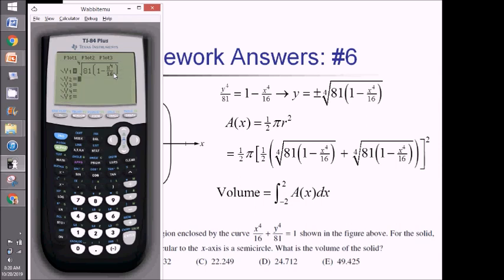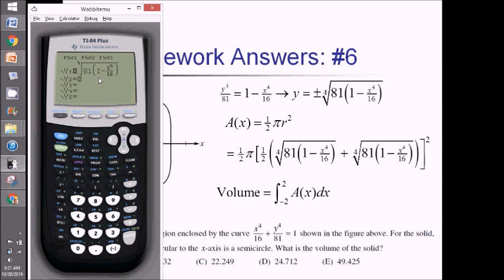All right, now I'm going to start making my area function out of this. So I'm going to be a little bit clever before I start typing stuff in the calculator. If I take this radical and essentially add it to itself, I've got 2 of these radicals. If I then multiply that by 1/2, I've got 1 of these radicals. So when I do this, I'm really just going to do 1/2 pi times y1 squared.